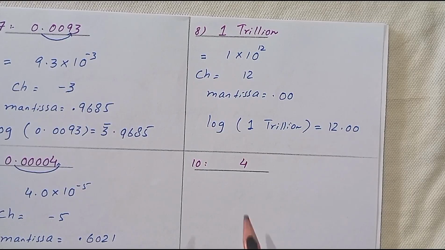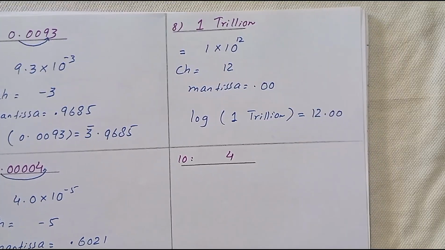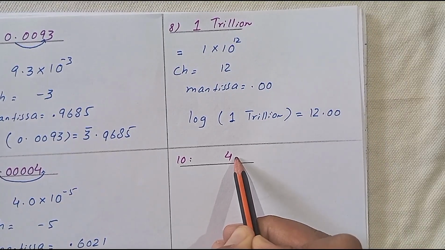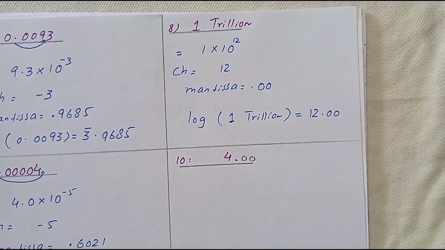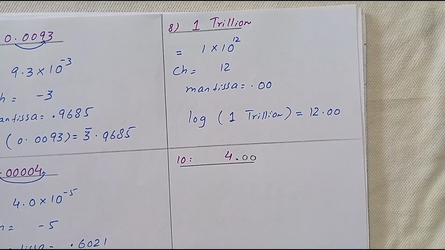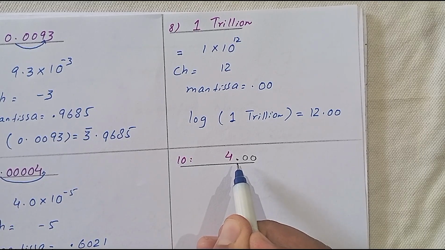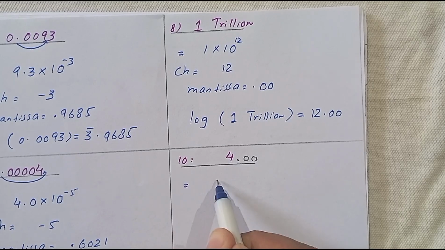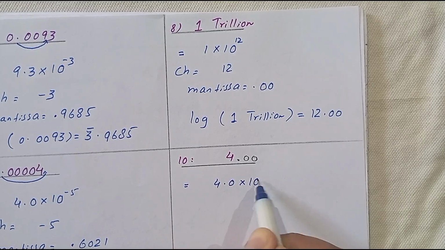In the 10th part we have to find the log value of 4. Since it is a single digit, we assume that there are zeros after that. First we have to write it in scientific notation, as the decimal is already at its reference position, so in scientific notation we write it 4.0 times 10 power 0.